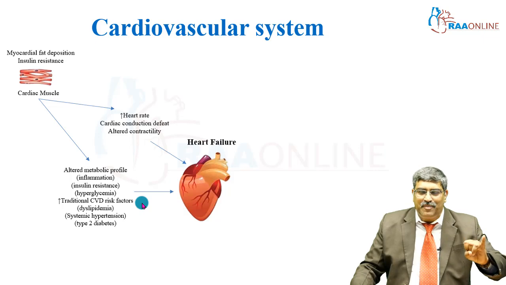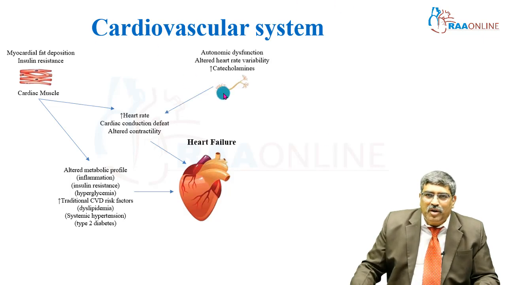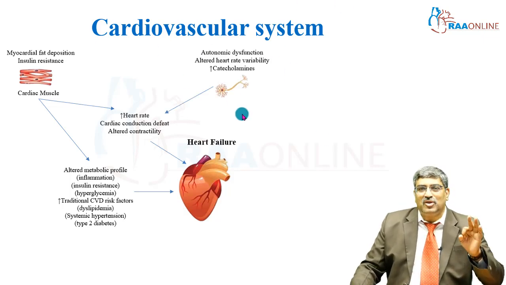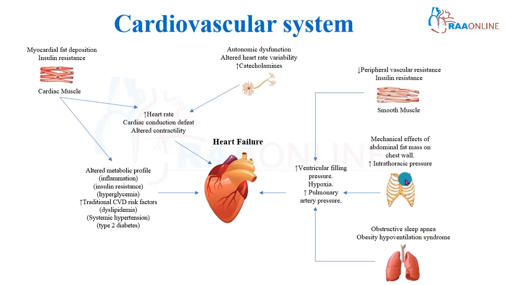There is hyperlipidemia, hypertension, and diabetes mellitus. And your autonomic dysfunction can also alter your heart rate, and there can be decreased peripheral vascular resistance, which can play a big role in your ventricular filling pressure.